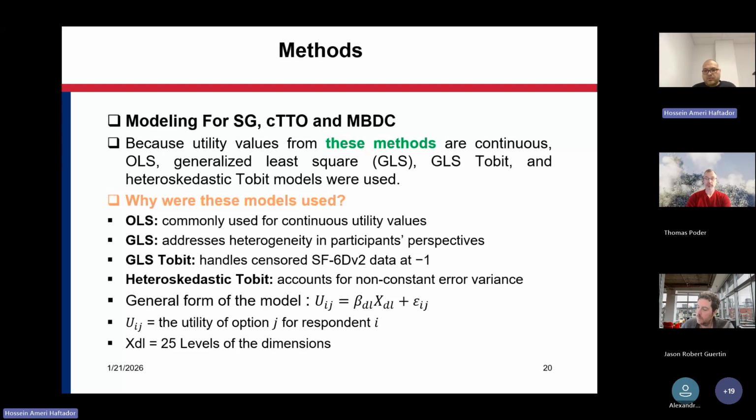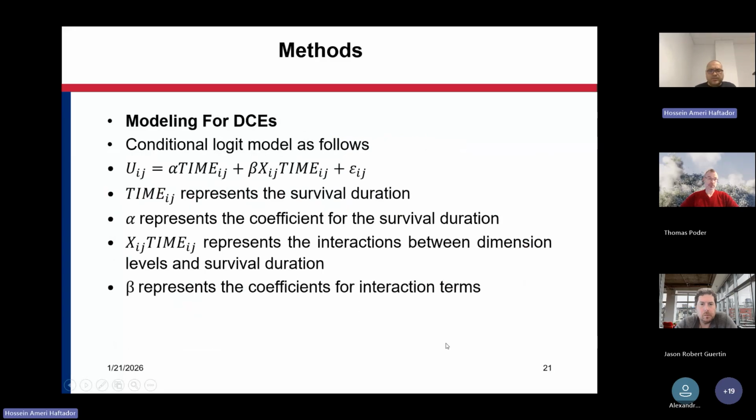Heteroscedastic Tobit accounts for non-constant error variance. The general form of the model is here: utility equals beta multiplied by x plus epsilon. Beta is a coefficient for x. X represents the number of levels of dimension, 25 levels of dimension. For DCE, we use a conditional logit model. Also, we used a mixed logit, but I didn't report it.